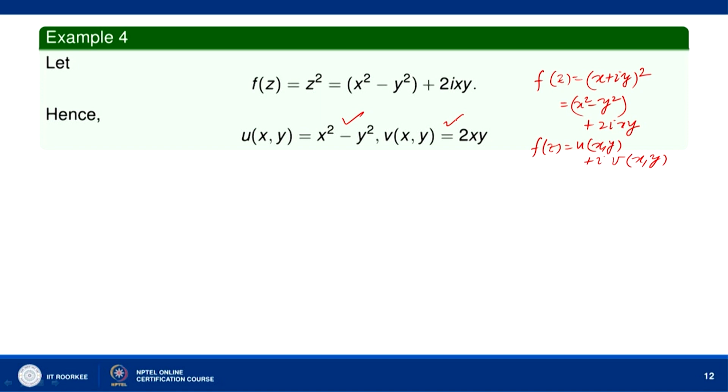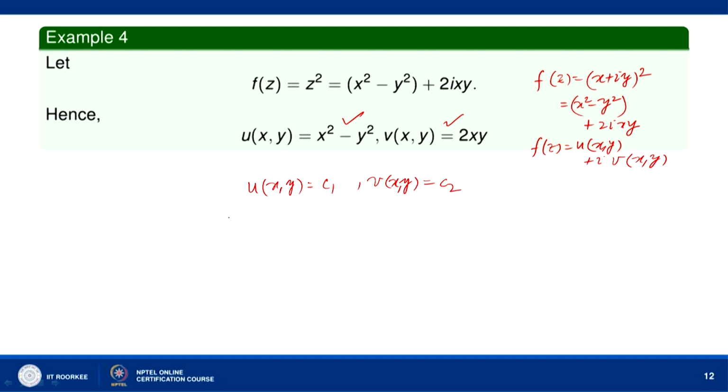Now, when you take u(x,y) equal to a constant, say C1, and v(x,y) equal to another constant C2, that is, you find the level curves given by the equation u(x,y) equal to C1 and v(x,y) equal to C2.